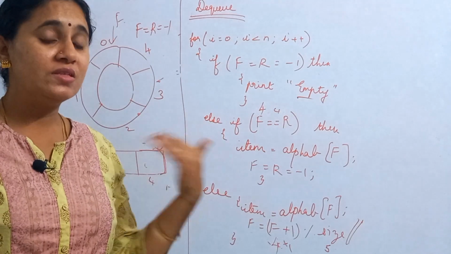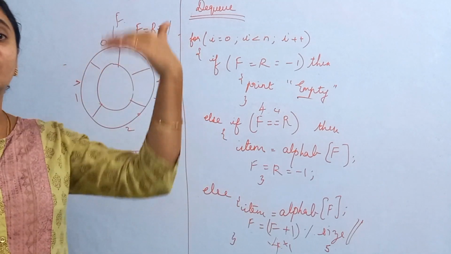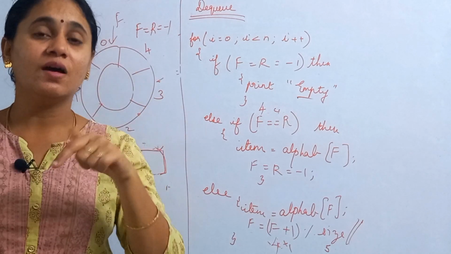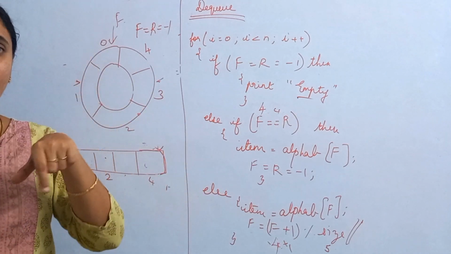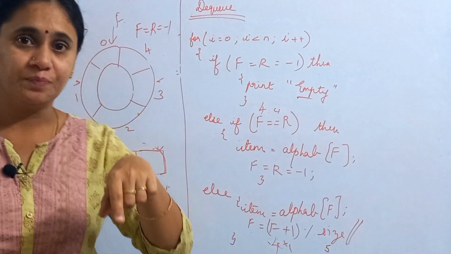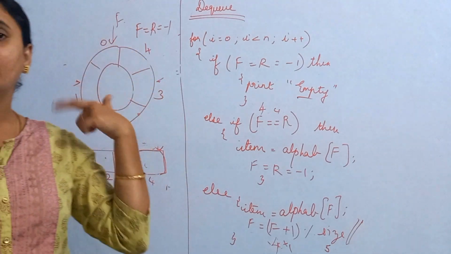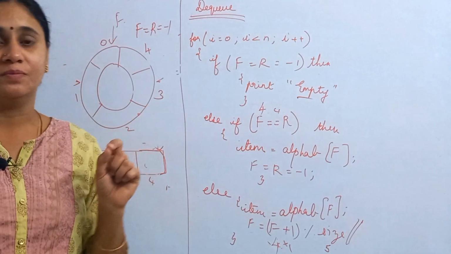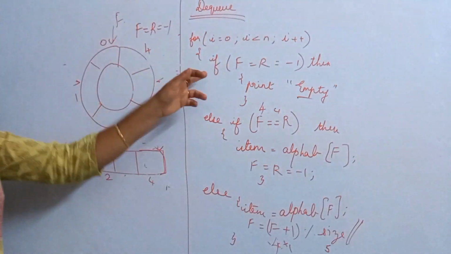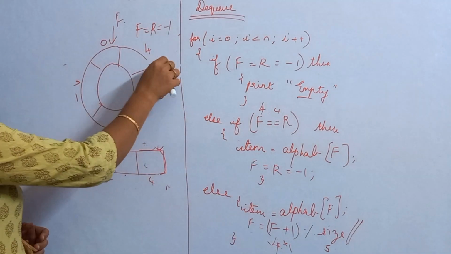It is the same as in the case of the enqueue algorithm. Okay, in the enqueue algorithm we discussed that the time complexity is O of 1 because we are giving the main focus to the rear pointer. But here we are giving the main focus to the front pointer. Okay, so for each and every operation, we are making only one move.